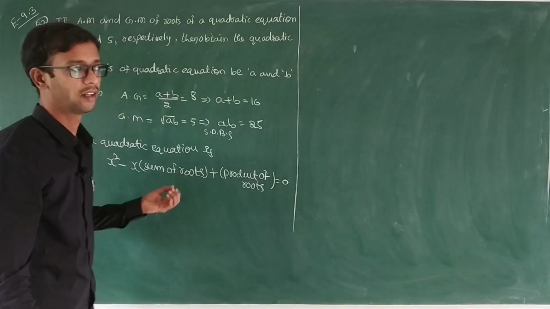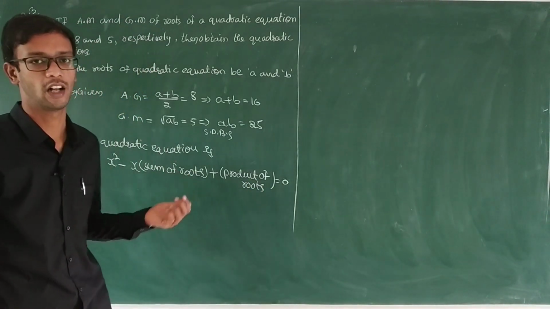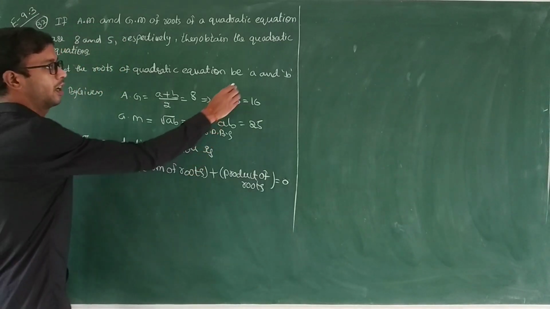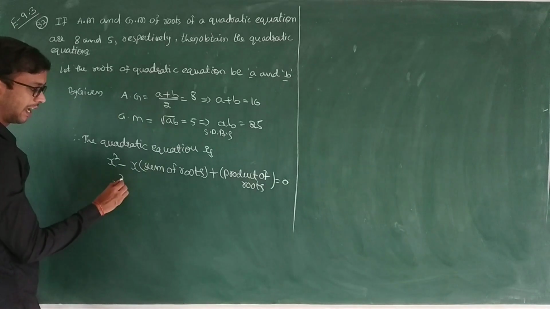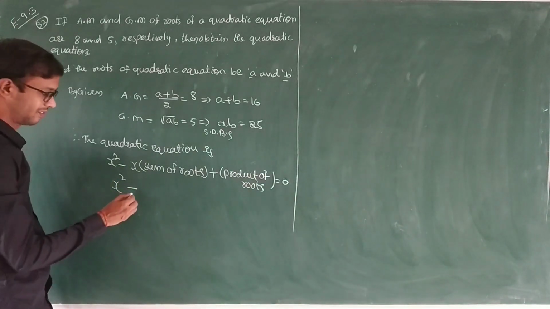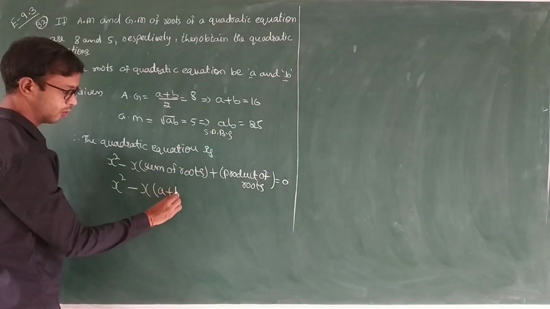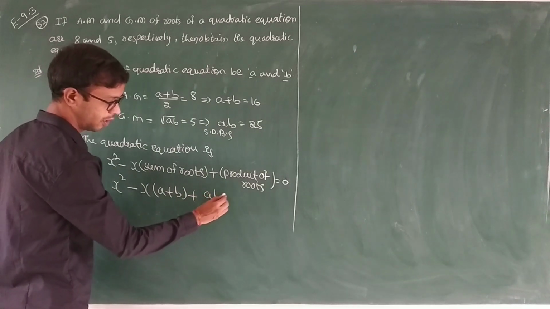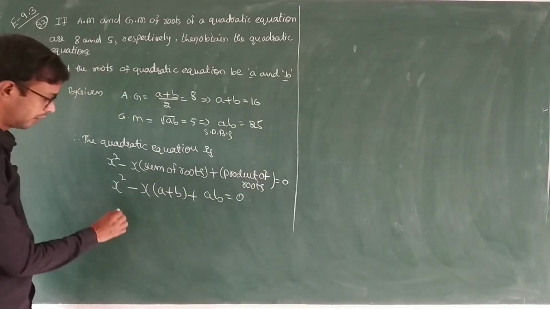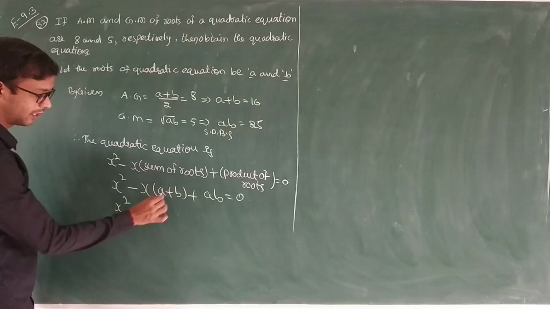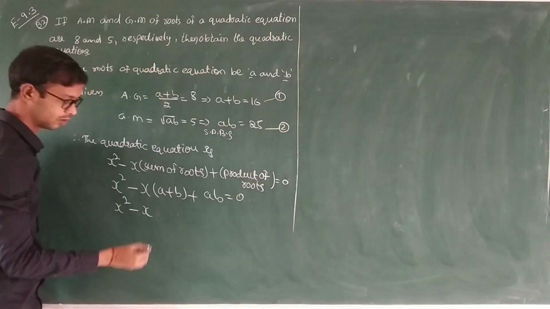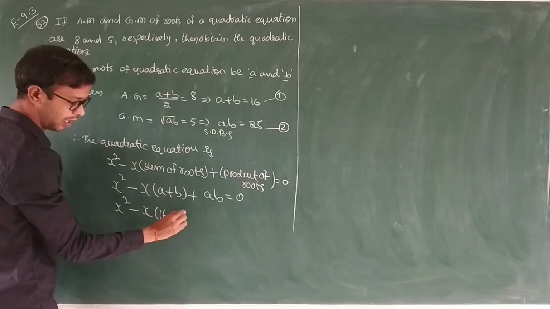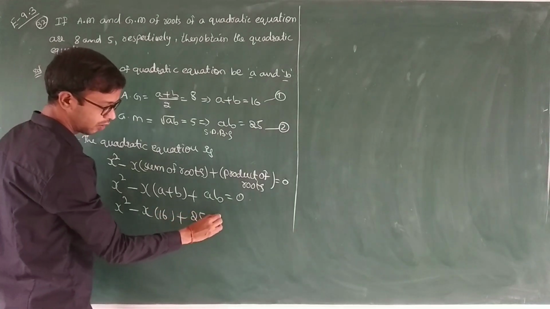The roots here are A and B. So x square minus x into, take this as 1 and this as 2, A plus B is 16, AB is 25, equal to 0.